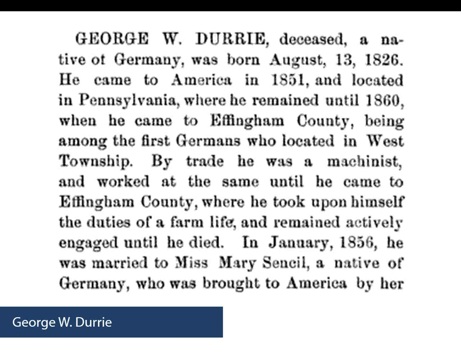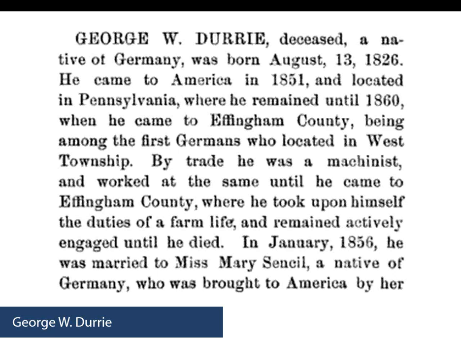So based on the information included here, I can deduce that this was done in 1883. It was published in 1883. So I know that George W. Dury died before then. This particular mug book does not specify exactly when he died, but I know that it's going to happen before 1883.